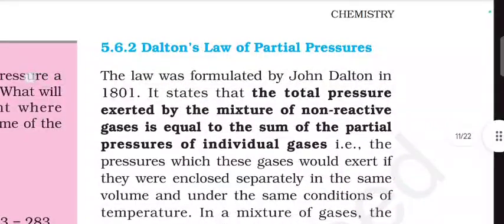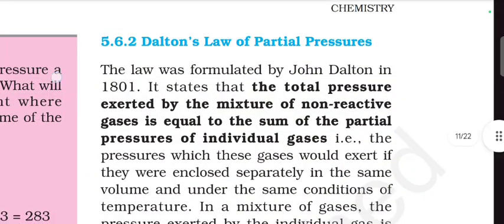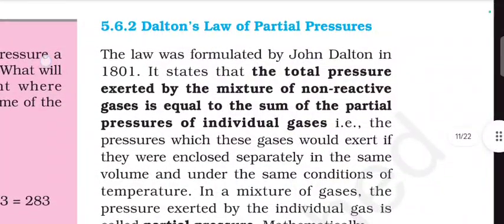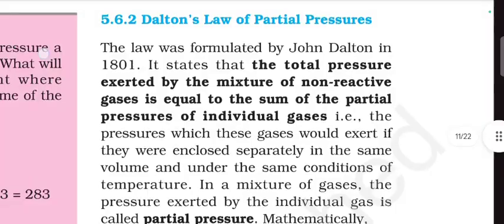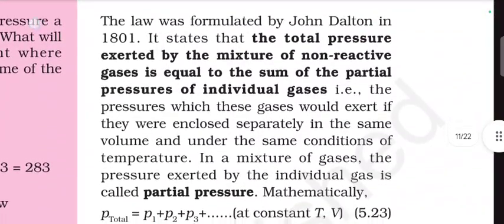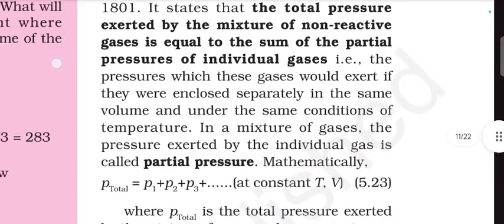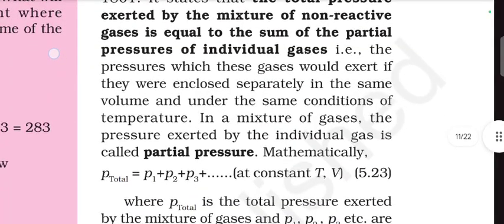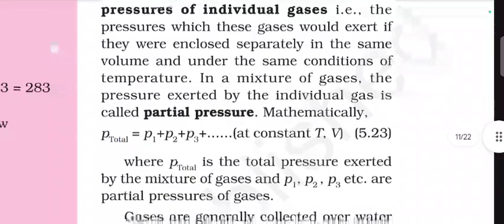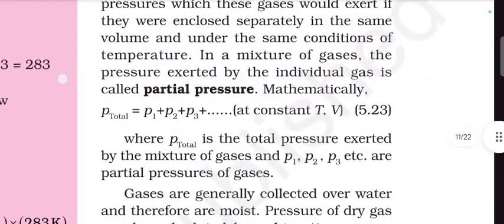Dalton's law of partial pressures. The law was formulated by John Dalton in 1801. It states that the total pressure exerted by a mixture of non-reactive gases is equal to the sum of the partial pressures of individual gases, that is, the pressures which these gases would exert if they were enclosed separately in the same volume and under the same conditions of temperature.